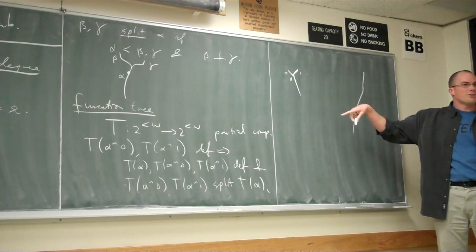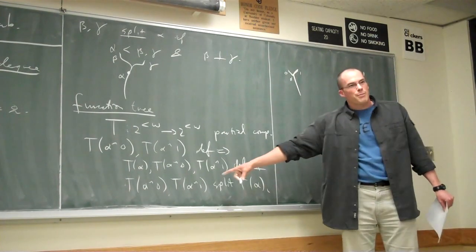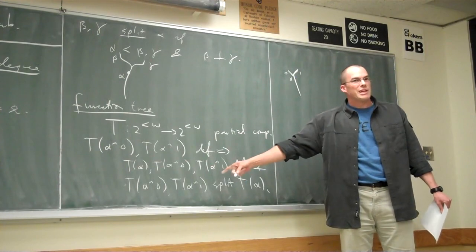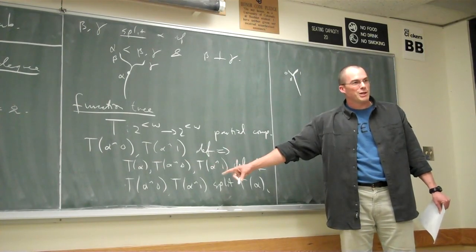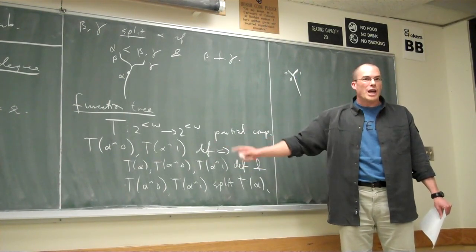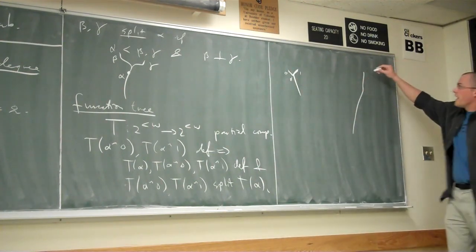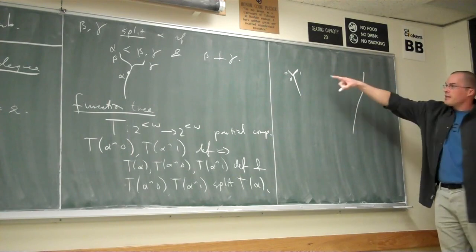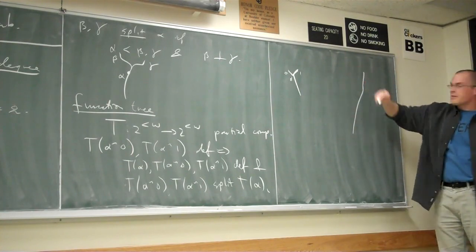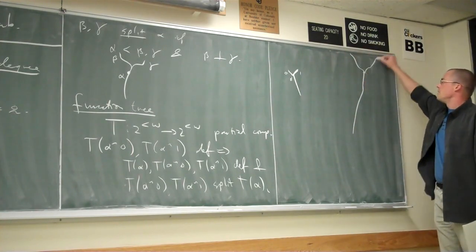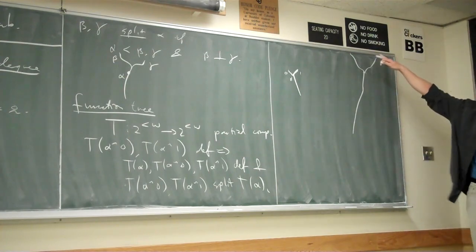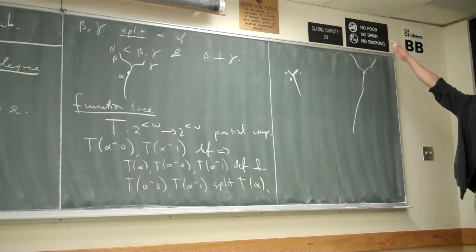It can't be shorter than alpha, because every time you split in the domain side, you also split in the range side. So you need to become at least one longer, but you can become a lot longer. And then you split, and again, here it splits in just one extra step. Here it can be a lot longer, a lot further split.